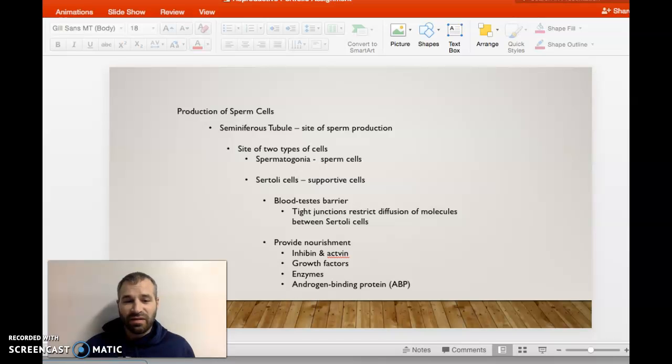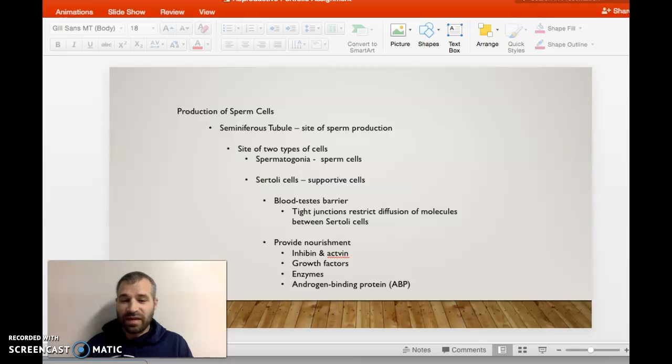The Sertoli cells line the basal lamina of the seminiferous tubules, and they protrude apically towards the lumen of the tubules. The Sertoli cells also form a blood-testes barrier on the lateral borders as they nurture the spermatogonia cells.